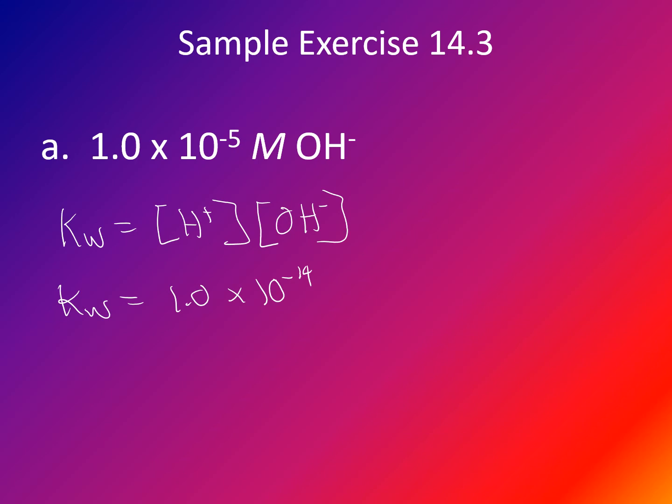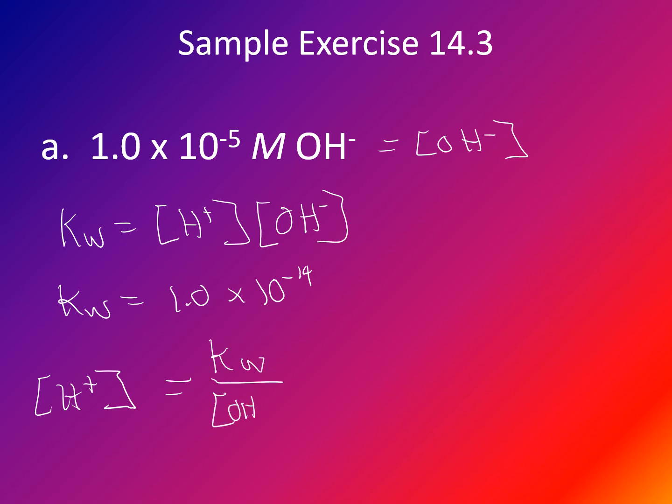So to find this one, there's our hydroxide, that's our concentration. We're trying to find the hydrogen, so if we rearrange our equation, the concentration of hydrogen is equal to Kw divided by our concentration of hydroxide. Putting our numbers in, 1.0 times 10 to the minus 14 divided by 1 times 10 to the minus 5th.